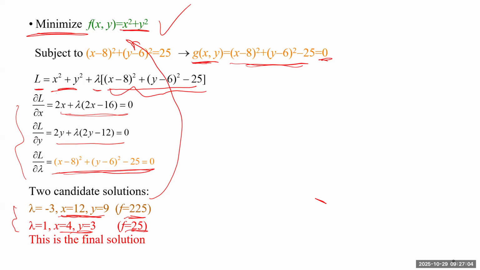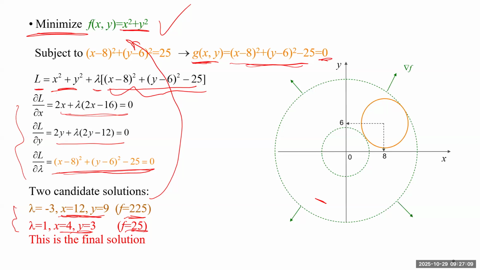Let's visualize what happened during this process. Okay, so in this two-dimensional plane of x and y, each green circle indicates where the gradient vector will have the same magnitude, but the direction will be leaving from the origin.